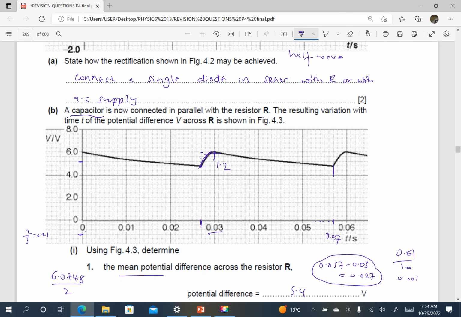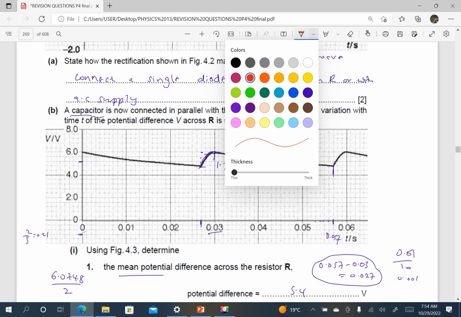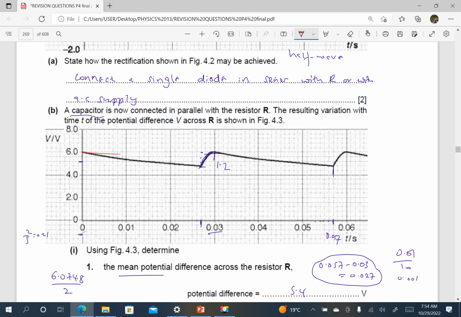So we want to draw a line on the graph showing the variation with time for the potential difference when we now have two capacitors in parallel. I will draw a line with a reduced peak, which has reduced fluctuation. So I will draw it around here. Let me say now this is what is happening. That is charging, that's discharging, and this will be here.